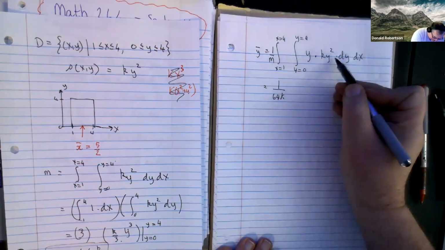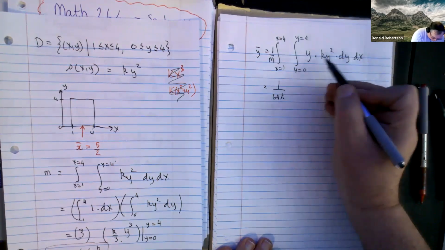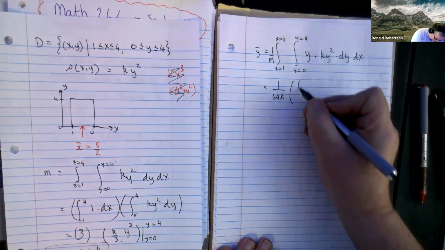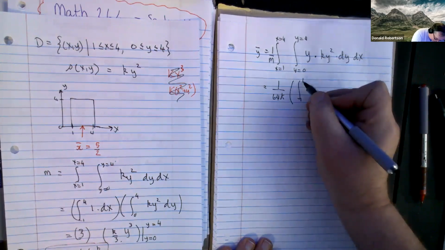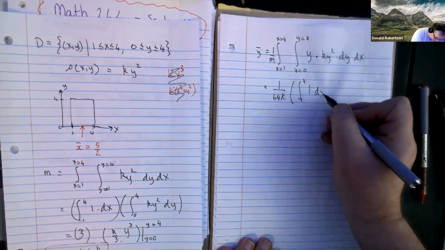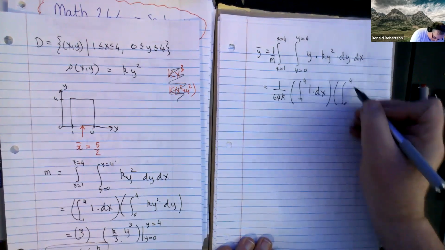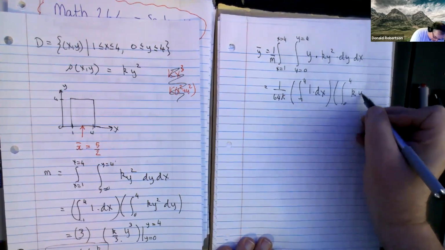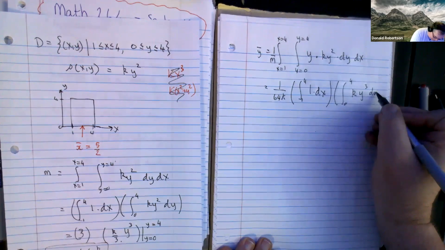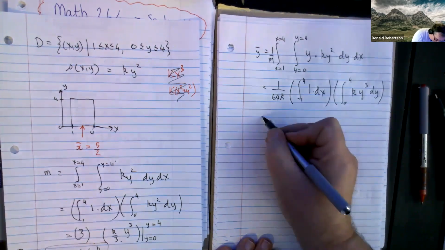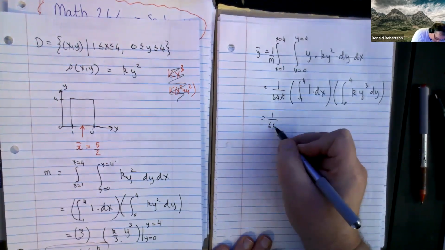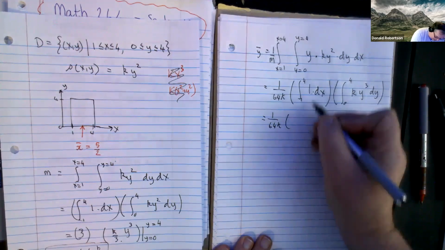And this guy can be rewritten as ky cubed. So I'm going to save some time and realize that it's a variable separable. And you're going to get a ky cubed. This guy is 3.